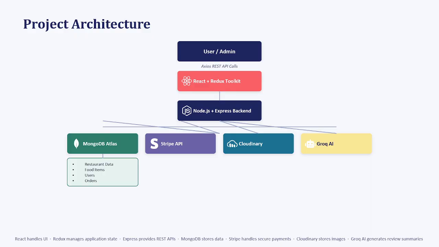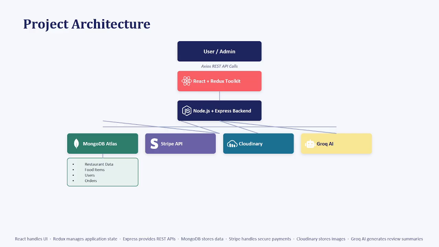This slide illustrates the overall architecture of the application. The application supports two types of users. One is customer and the other is administrator. The frontend is developed using React.js, while Redux Toolkit is used for efficient state management.